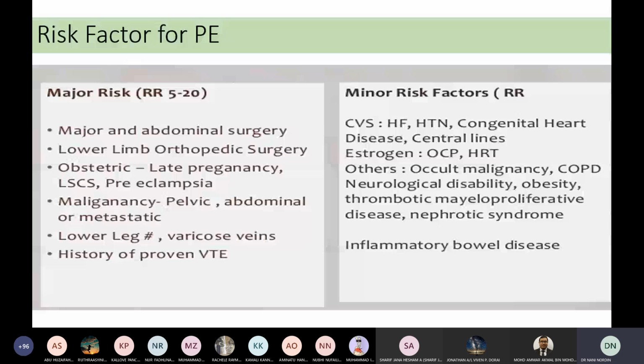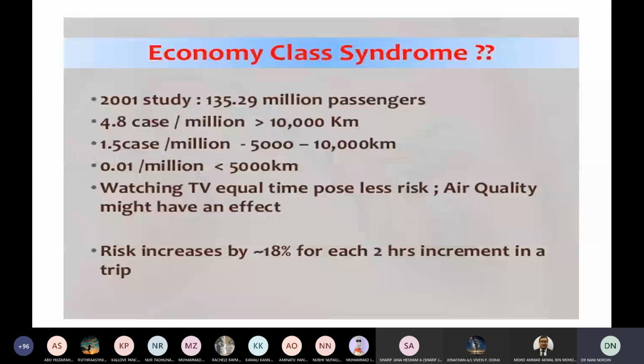I don't know why I put this slide. Economy class syndrome: we say DVT occurs a lot in patients who travel. Probably this was also in a previous slide in general pathology. There was a large study done in 2001 on 135 million passengers.